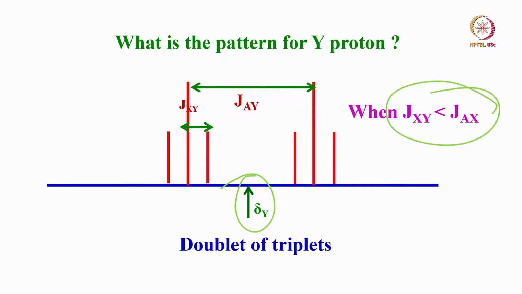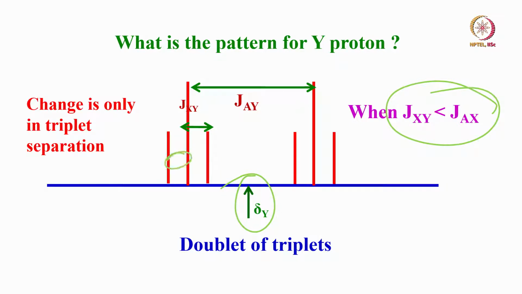But now we also see the coupling of Y with proton X, and again it is going to be a doublet of triplets. What is the difference? The only change is the separation. Y coupled to X is quite small, while the coupling to A is large. Similar to the pattern for proton A, it is also a doublet of triplets. Only the triplet separation is smaller here compared to the previous one.